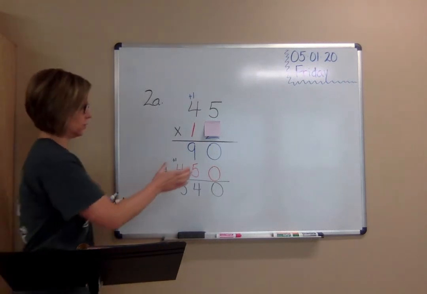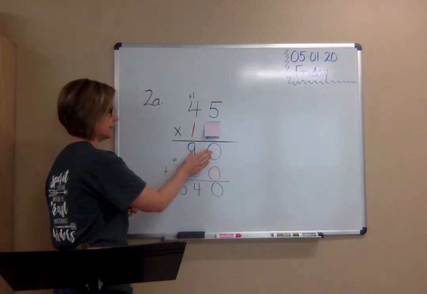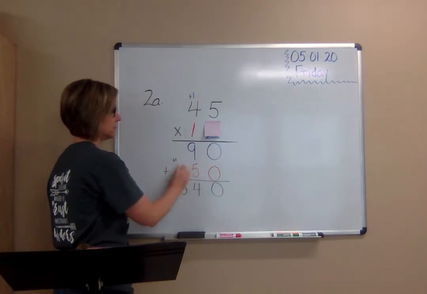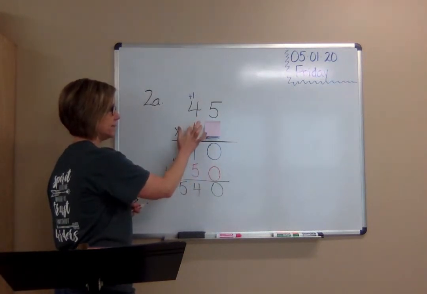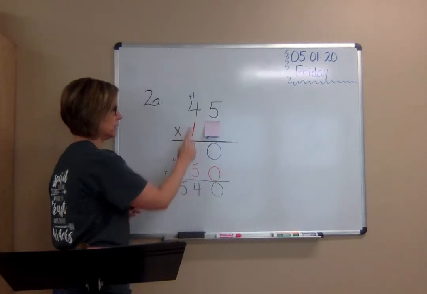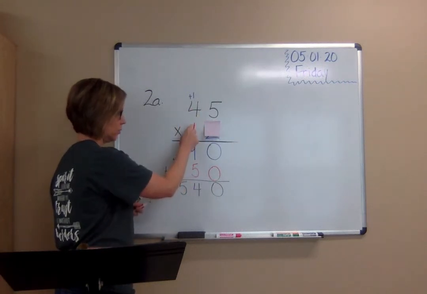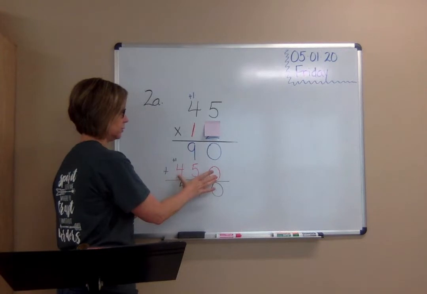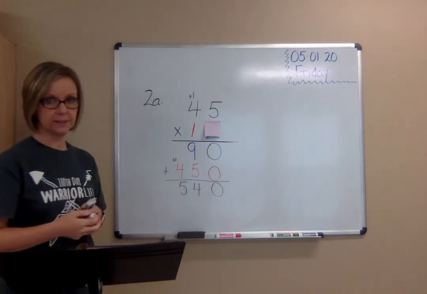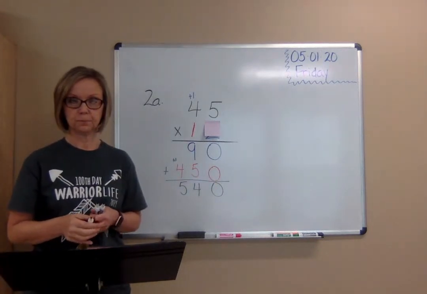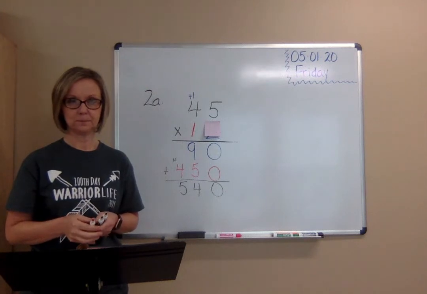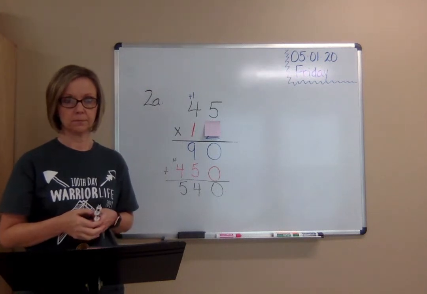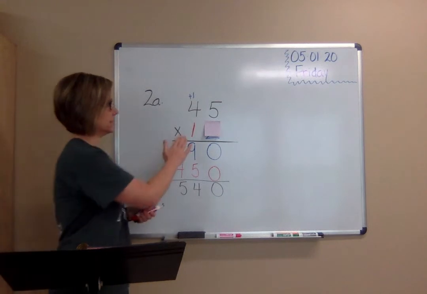Okay? So for the ones place, you should have gotten 90. For the tens place, 45 times, this would be 10, because that's the tens place. 45 times the tens place here, your answer should be 450, not 45. Okay, again, because the 1 is in the tens place.